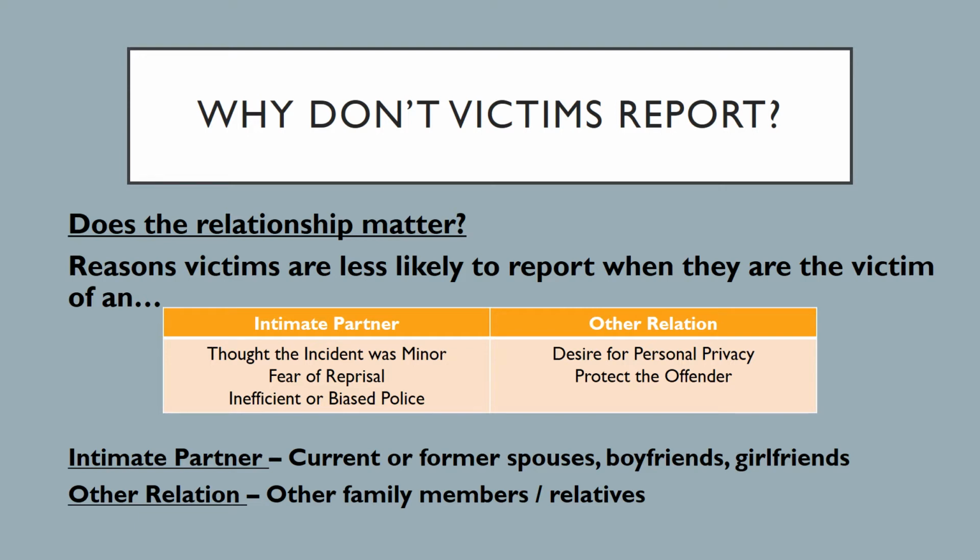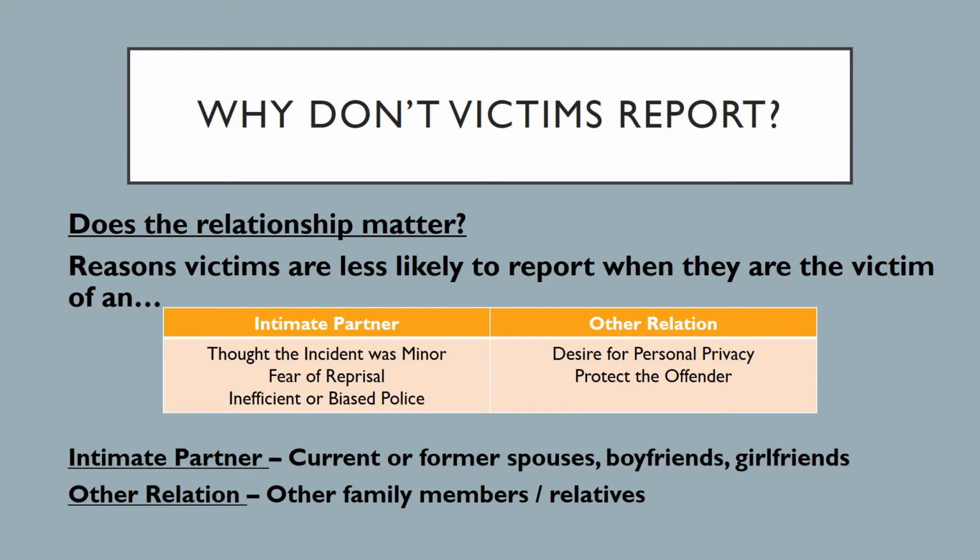And then with intimate partners, that's where we see the inefficient or biased police excuse coming out, where there's a sense that the police aren't going to help us because we're married or in a steady relationship, and they're not going to see it as being all that important.